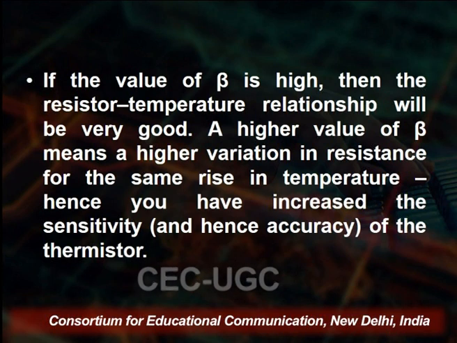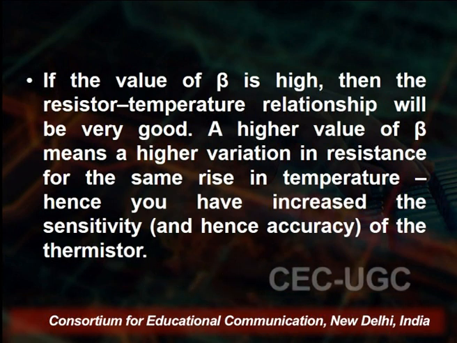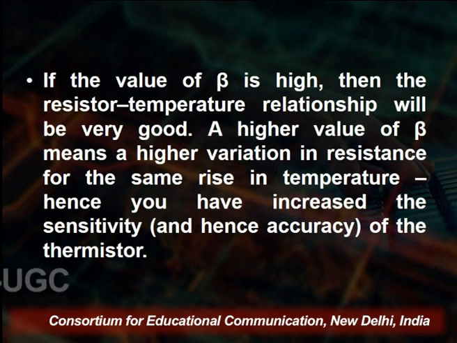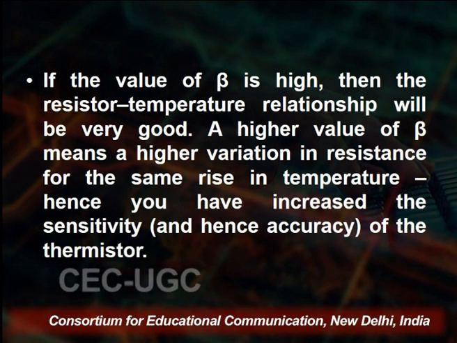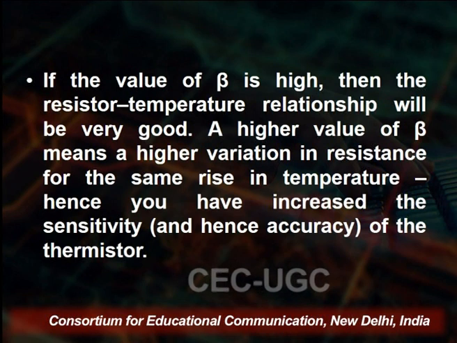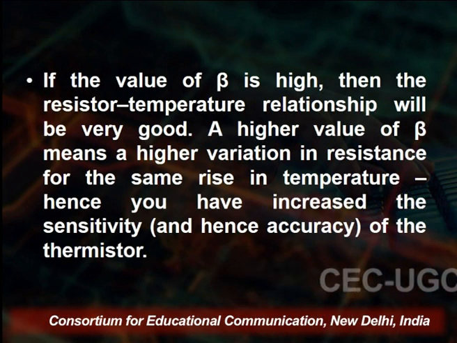The value is taken as 4000 in the case of beta. Now, if the value of beta is high, then the resistor temperature relationship will be very good. A high value of beta means a higher variation in the resistance for the same rise in the temperature.